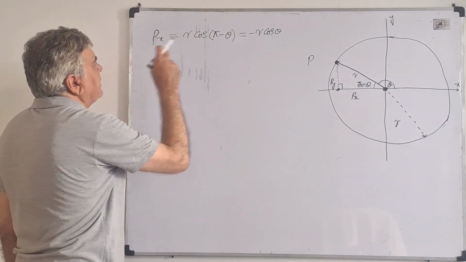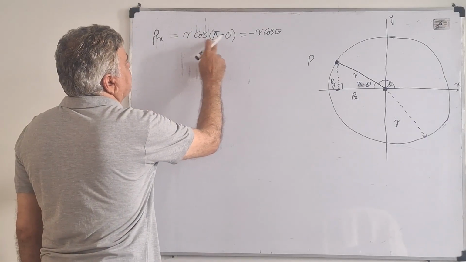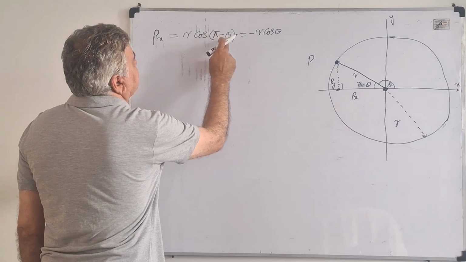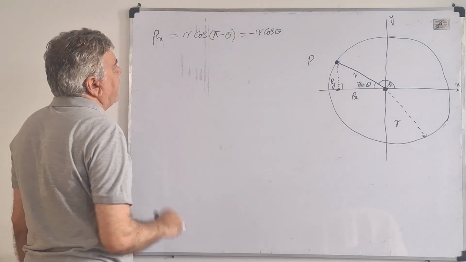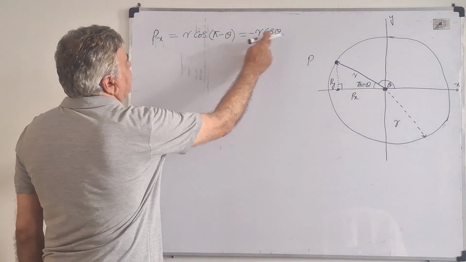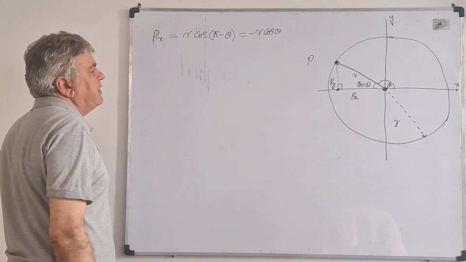So we know this relation, that cos pi minus theta equals minus cos theta. Therefore I can write this as minus cos theta, and I'm writing the minus here.